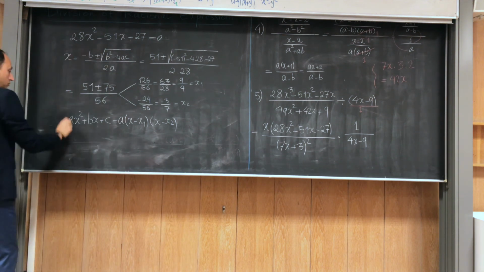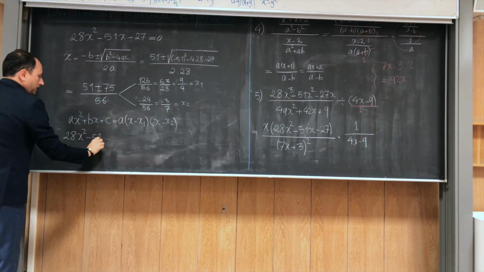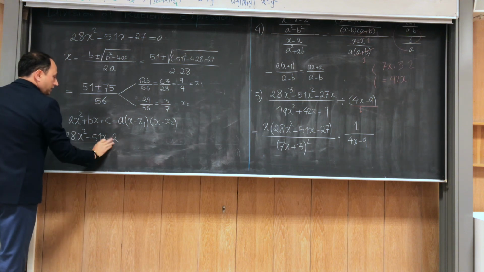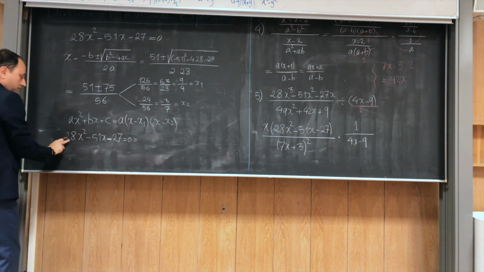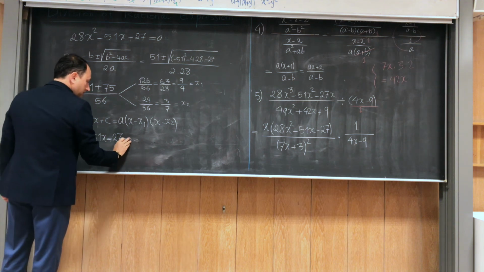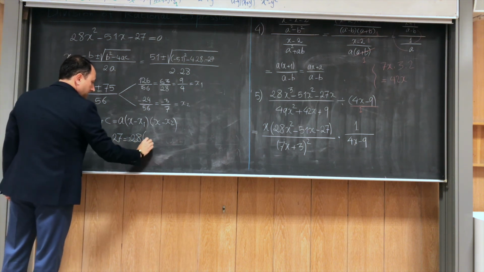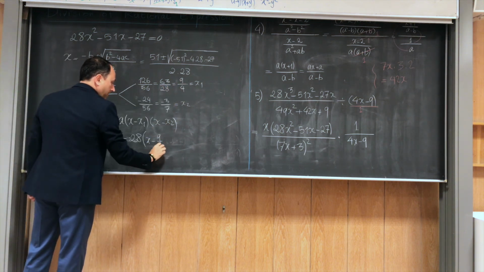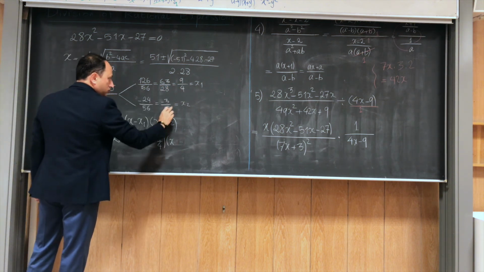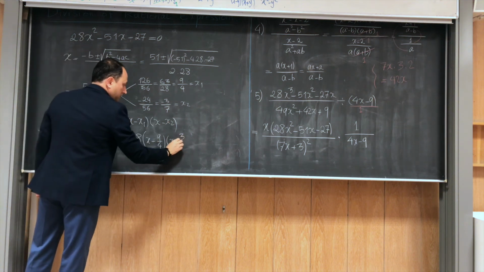So then it means that 28x squared minus 51x minus 27 is equal to, instead of a, I put 28, x minus x1, which becomes 9 over 4, and x minus x2, but x2 has a minus sign, so it becomes positive 3 over 7.